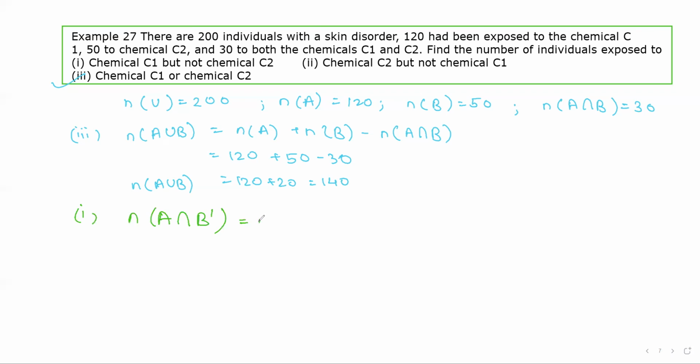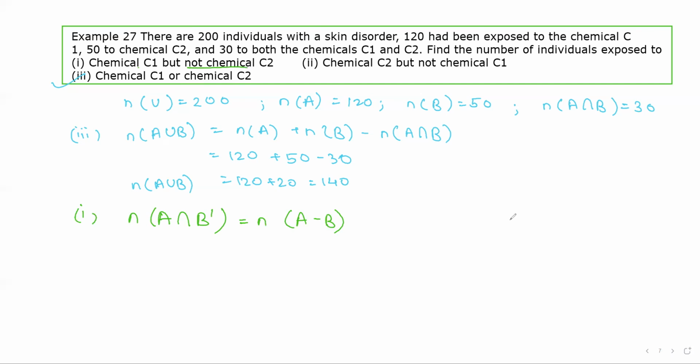Another way of writing the same is N of A minus B, because we know that A minus B is A intersection B dash. Now, word-to-word translation will be chemical C1, but means and, not C2 is C2 dash. That would be the translation of word-to-word statements into mathematical form.